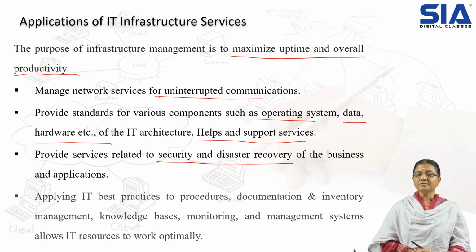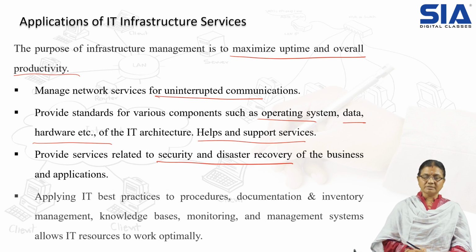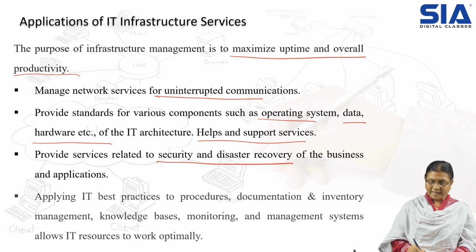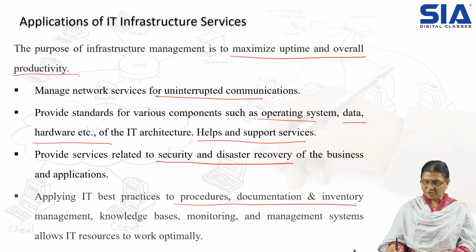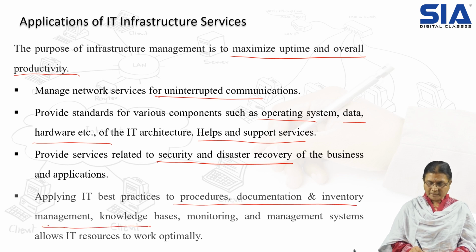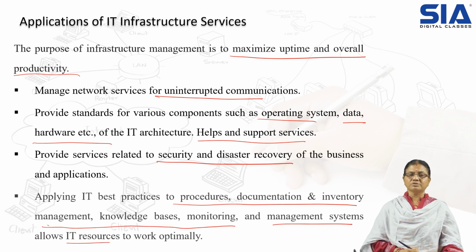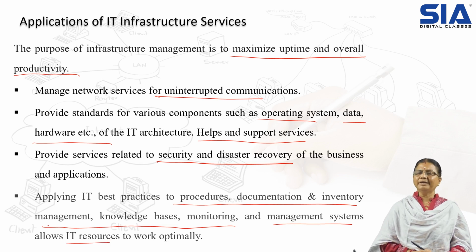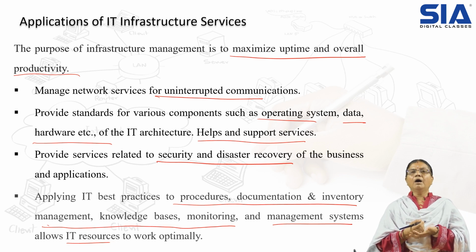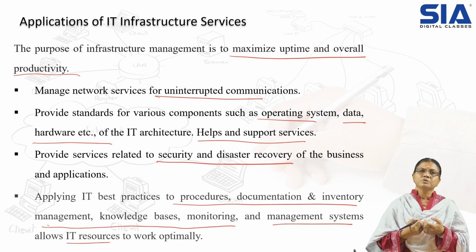So this infrastructure helps in various dimensions. Applying IT best practices to procedures, documentation, inventory management, knowledge bases, and monitoring and management systems allows IT resources to work optimally. What exactly is optimal? Whenever we have any resource or asset, let us take a scooter.